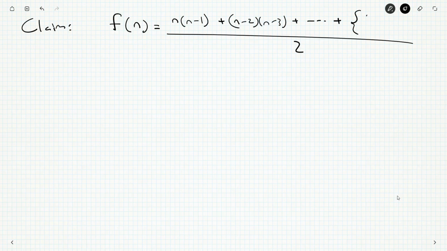And then it's going to be either 1 times 0 or 2 times 1, depending if n is odd or if n is even. Alright, now can I prove this? And if so, how?